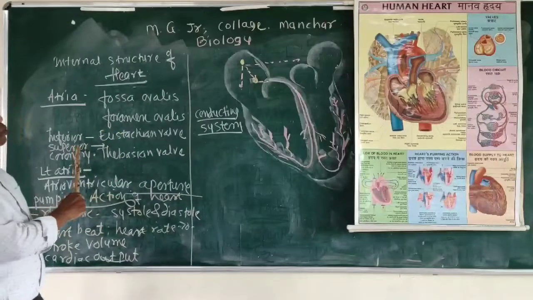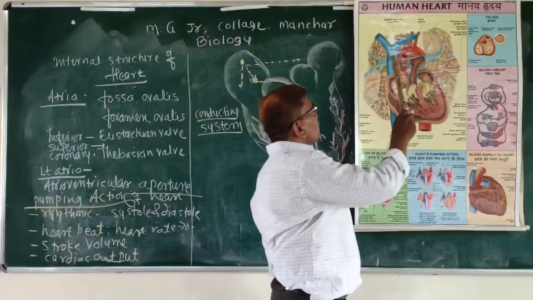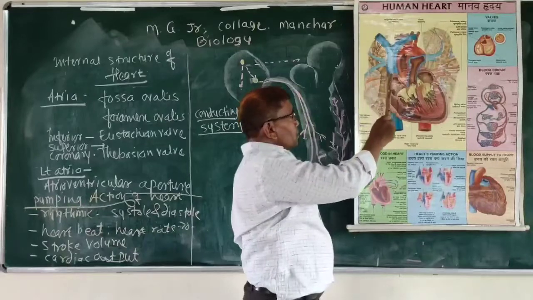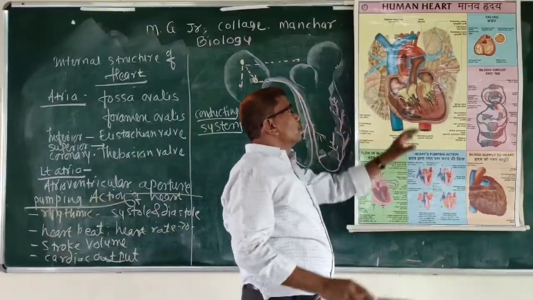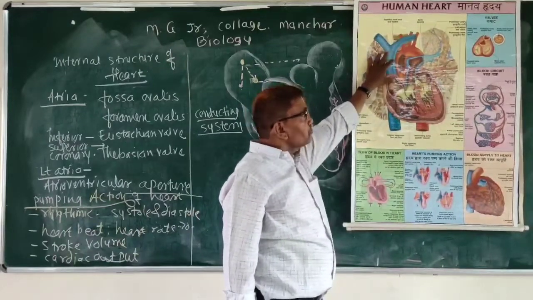In the case of the superior vena cava, no special valve is observed. So in this way, in this chamber, blood is received from different parts of the body.